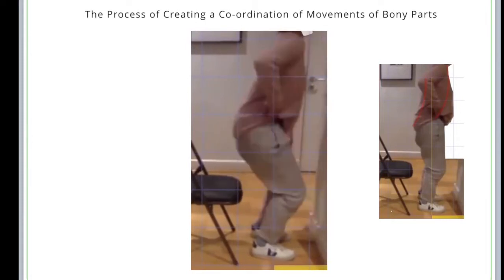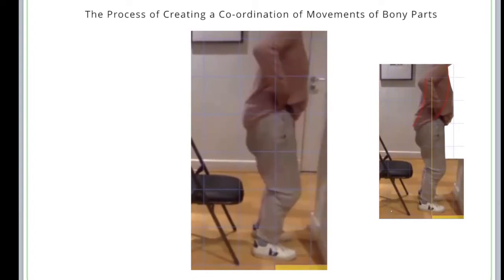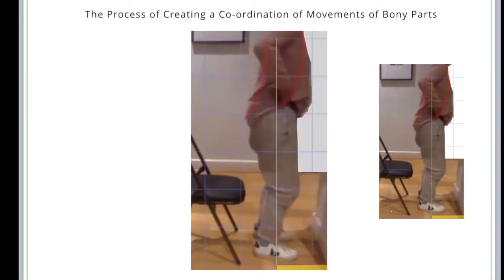And when she's standing, we arrive at the original position here, which is the standing position. The standing position is a consequence of the process of going from sit to stand. There is no standing position as such. The standing position is a result.